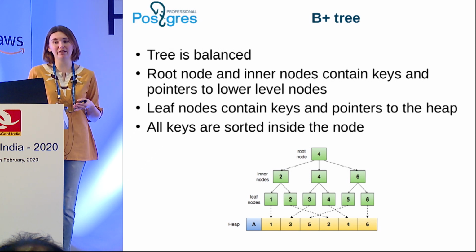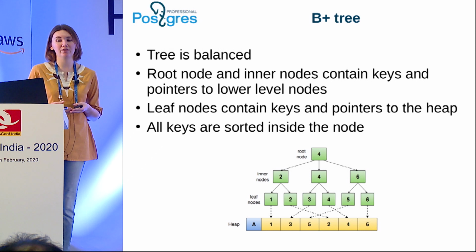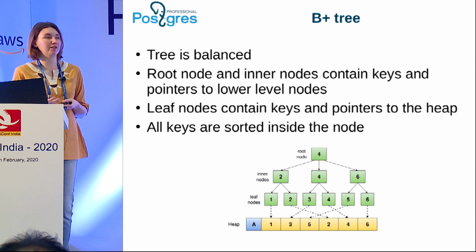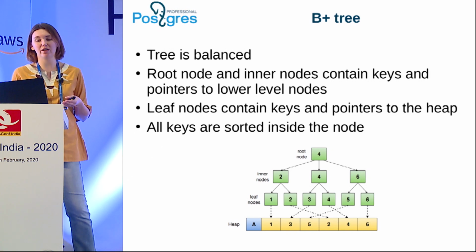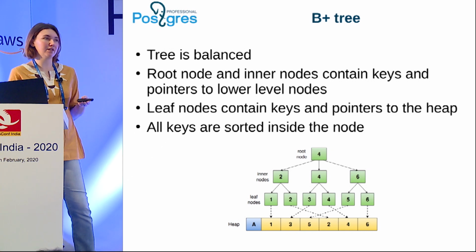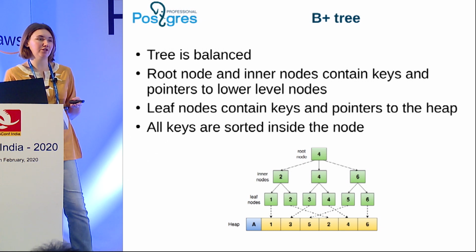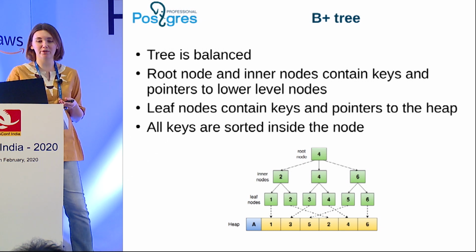B stands for balanced tree, and in Postgres we actually have a B+ tree modification, which means that only leaf nodes contain keys and pointers to heap, while internal nodes only contain pointers to the lower level of the B-tree itself. All keys are sorted inside each node, and all leaf nodes are linked with each other. This makes this data structure very efficient for point and range queries.